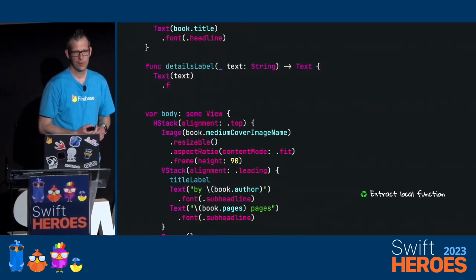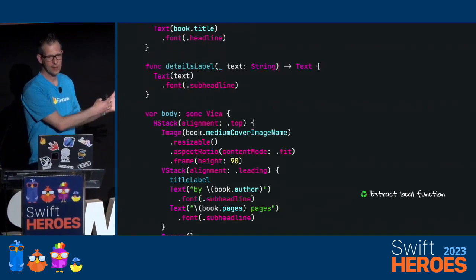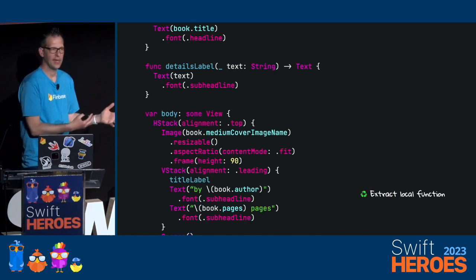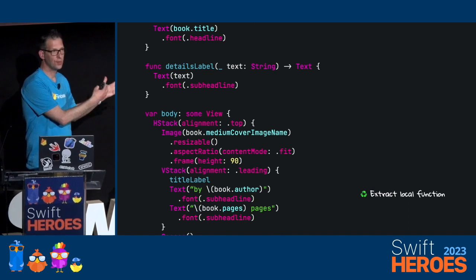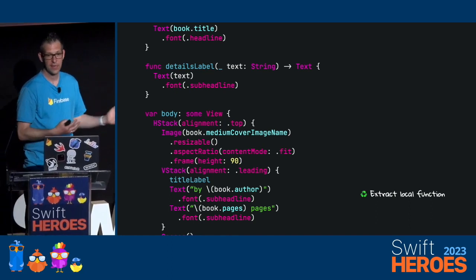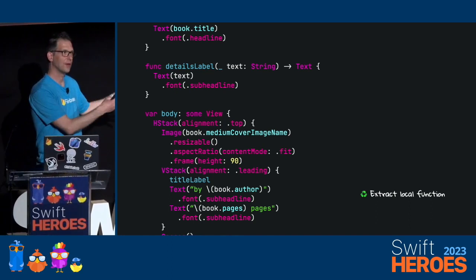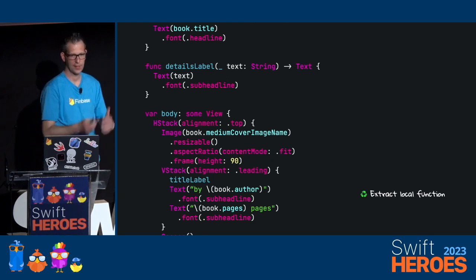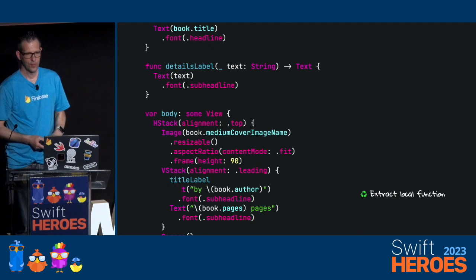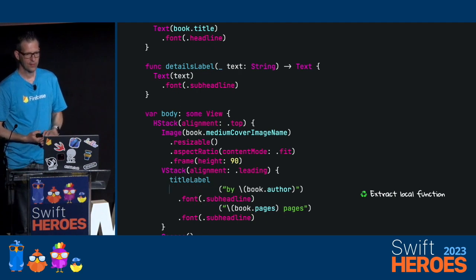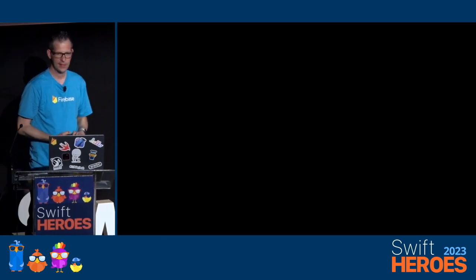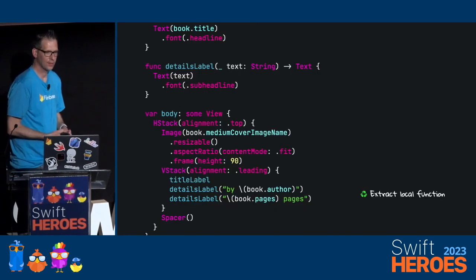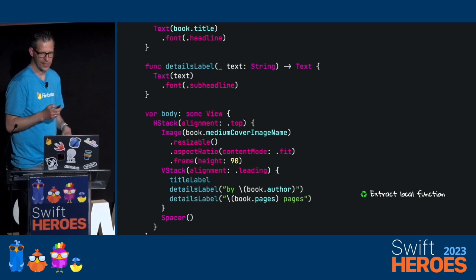So we will implement a function called detailsLabel, and we will pass the text that we want to display, and then it returns a view, namely the Text view. And because this is not a computed property but a function, it looks slightly different, but it does the same. Cool. So we can replace all of this with detailsLabel, and now our call site looks a lot simpler. Great.